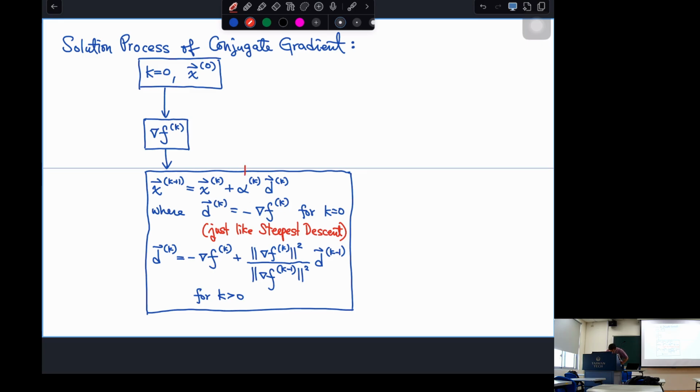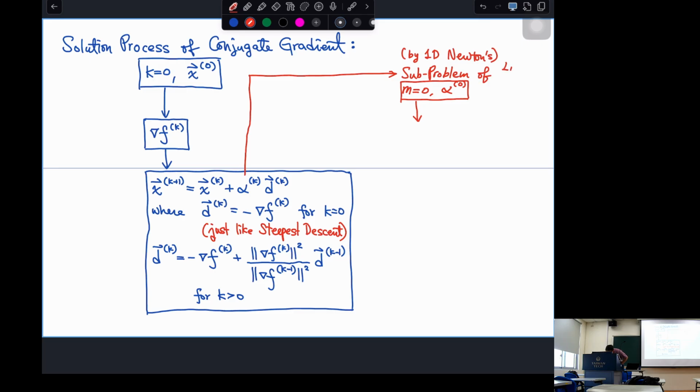So right here, it goes to the subproblem with a new iteration index. I use m equals 0. Initial guess, alpha m. So this is my initial guess of the step size. And if I solve it by 1D Newton's method for the line search, this is the subproblem of line search.